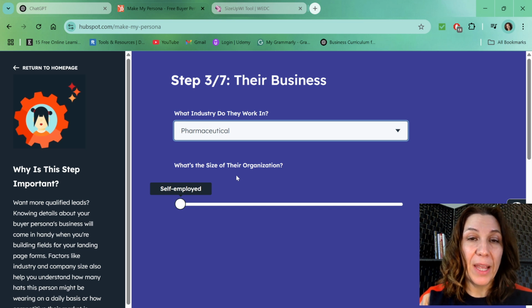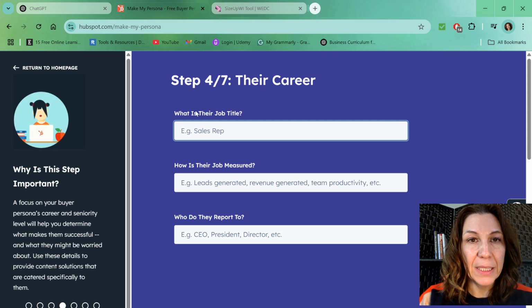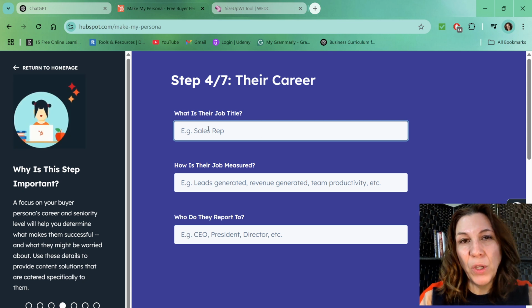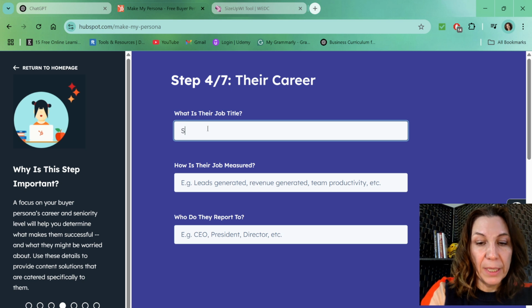What is the size of their organization? Now, this is where do they work? Are they self-employed? Majority of them are probably employed. We'll say this. What is the job title? In this case, we don't have a job title. Or maybe we'll say sales rep.